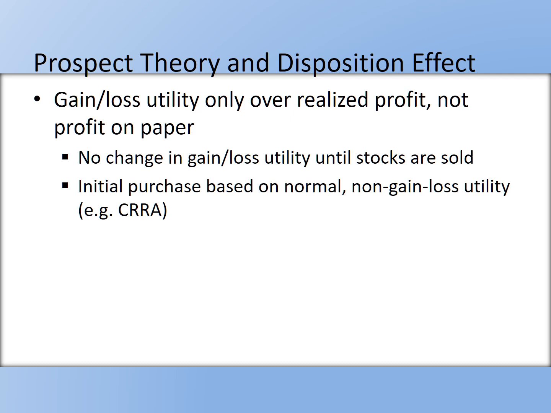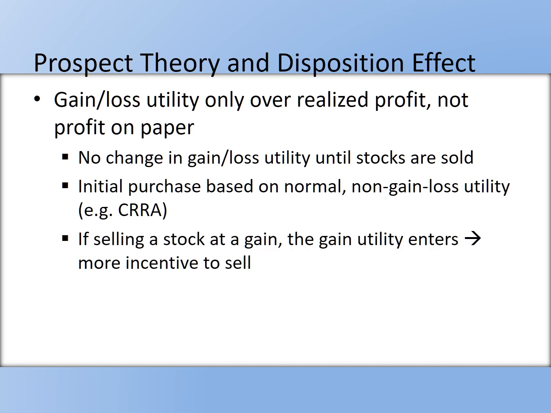As long as you hold the stock, that's going to be the same. So the initial purchase decision and holding would be a standard CRRA utility, and selling would result in a standard utility plus a gain loss component. That would give us what we want.